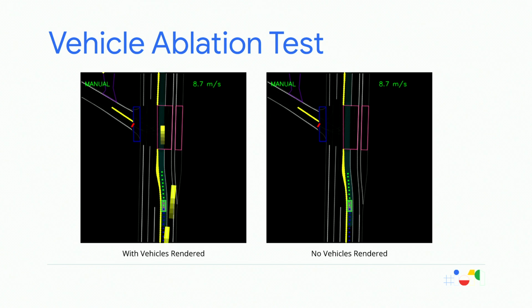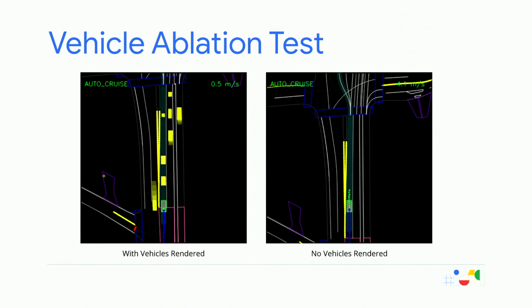We can perform the same experiment with vehicles in this scene. On the left is this scenario with all the original vehicles, which are shown by these yellow boxes. On the right, we have removed these yellow boxes to simulate the absence of any traffic.